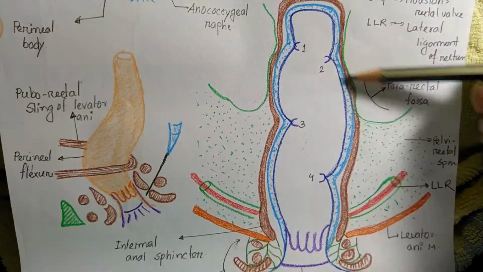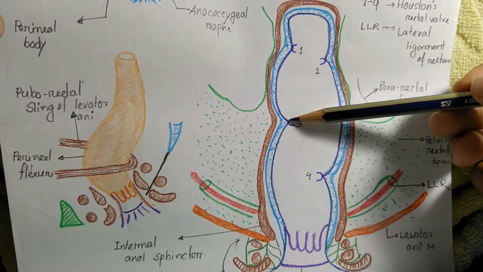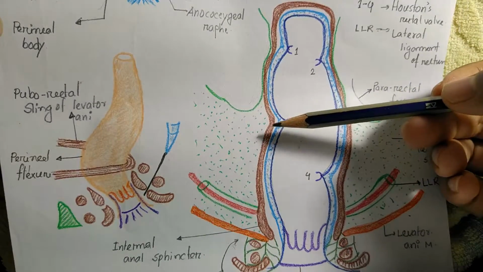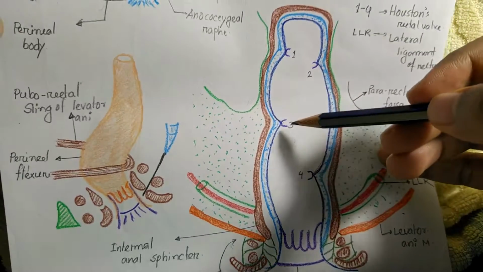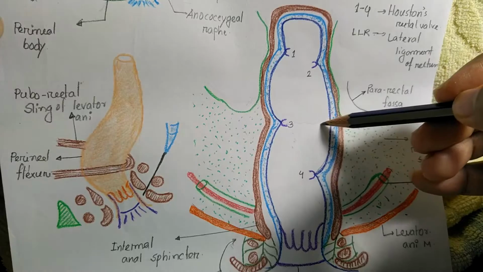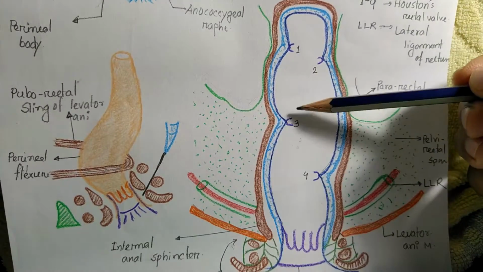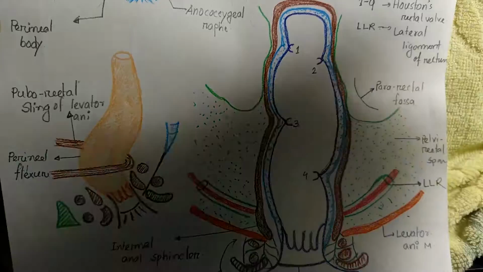The third valve also has some developmental importance. It divides the rectum into an upper chamber and a lower chamber. As it is an imaginary plane, we can divide the rectum into two chambers. This is the upper chamber, this is the lower chamber.